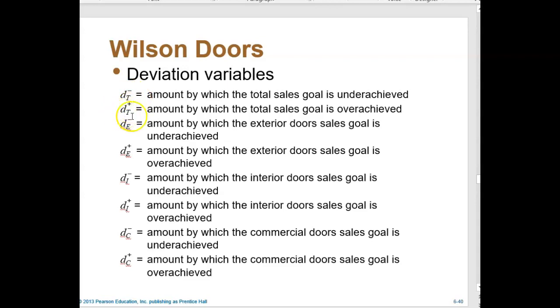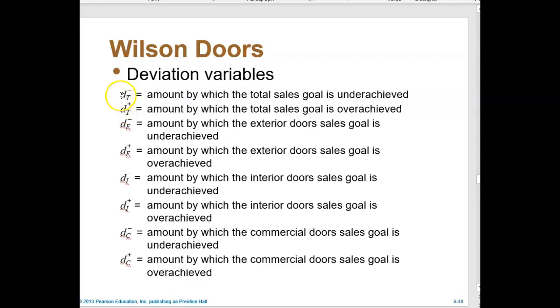Whereas dt positive is the amount by which the total sales goal is overachieved. So this is the case when you make more than what you had set as target. Let's say, for example, if you make 185,000, then you have overachieved your goal target by 5,000. If you hit your goal target exactly, 180,000, then both of these deviation variables will have 0 values.